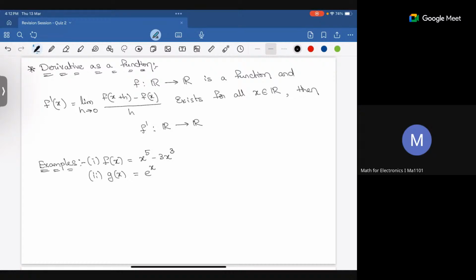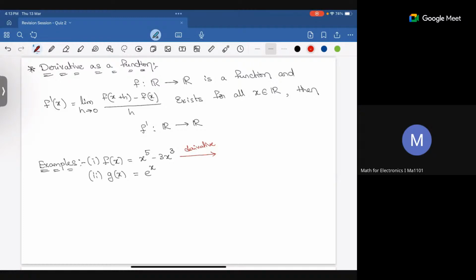Okay, so for example, you can see here f of x is given to us as x power 5 minus 3x cube, right? So when I take the derivative, it is a polynomial function. We all know that it is very smooth, so the derivative will exist at every point.